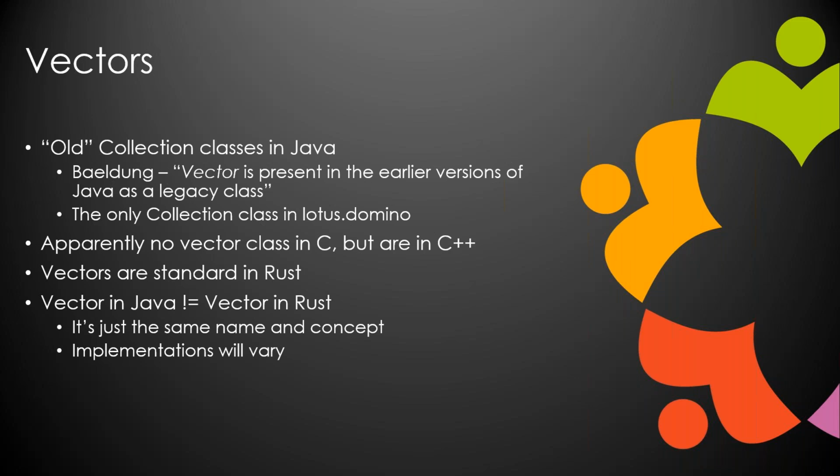It's an excellent resource. And one of the quotes from there, from one of the pages around vectors, is that vector is present in the earlier versions of Java as a legacy class. It tends to not be used as widely now, although there is a reason why it may still be used.